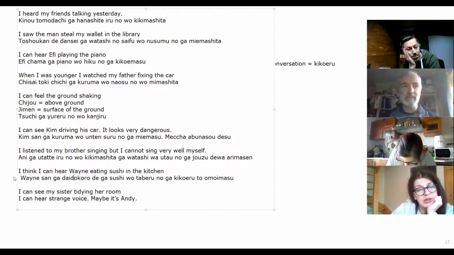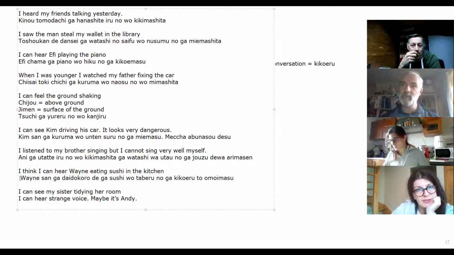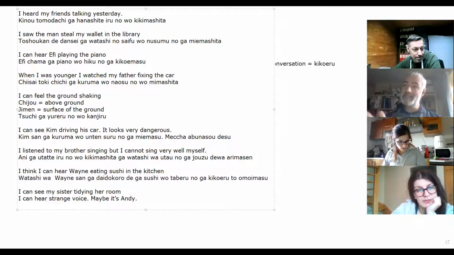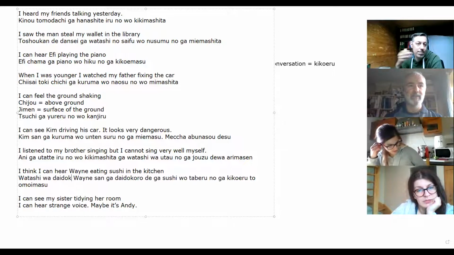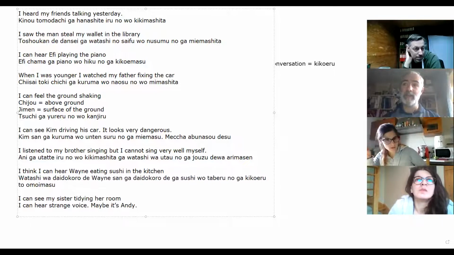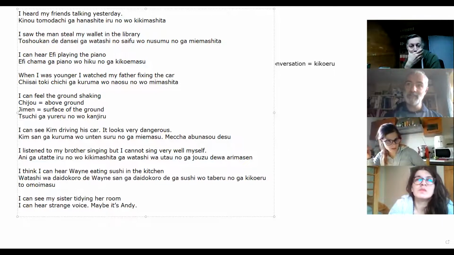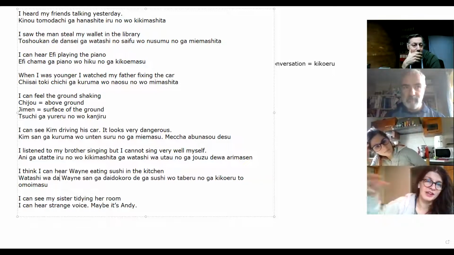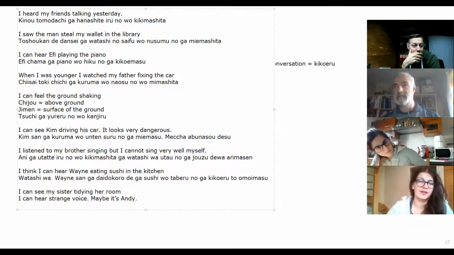Because basically at the very beginning, unwritten, we've got what? 私は Watashi wa. And then you said daidokoro de. So this now says watashi wa daidokoro de. Me in the kitchen. Wayne I can hear. Yeah. It's like from importance, you start with okay. Exactly. Yeah.